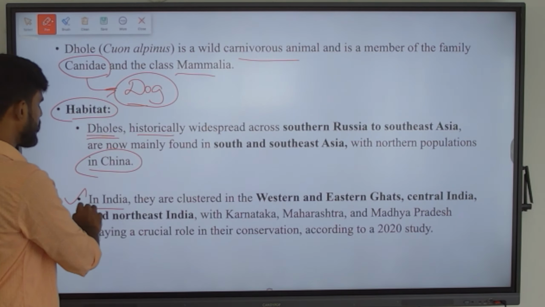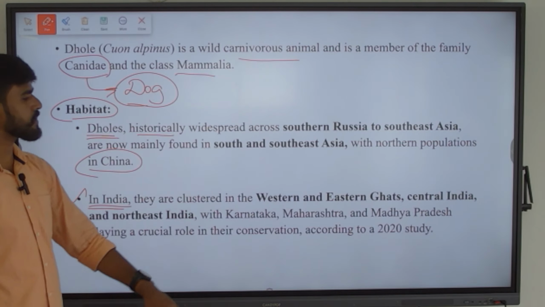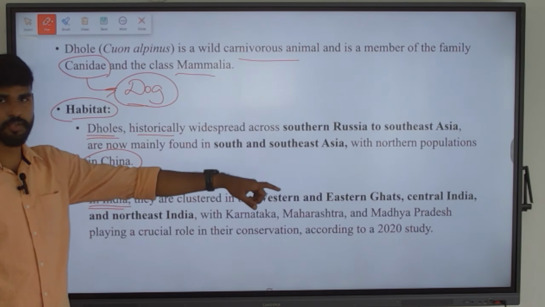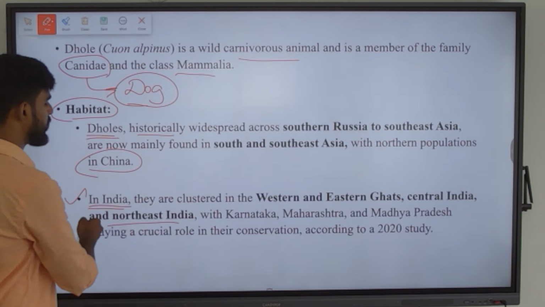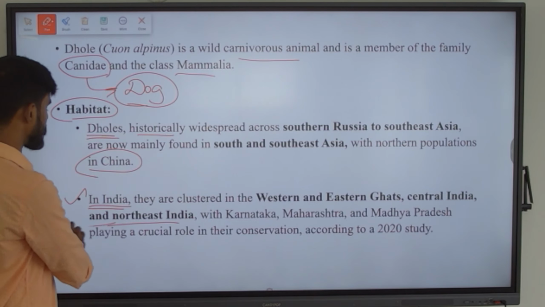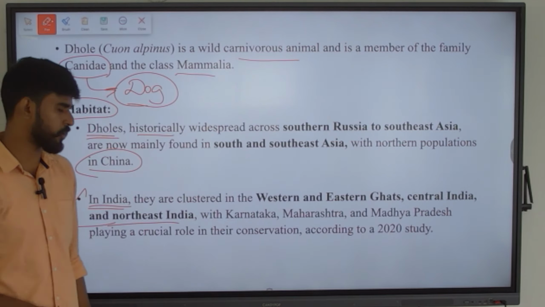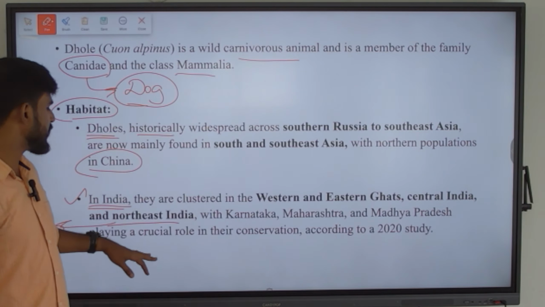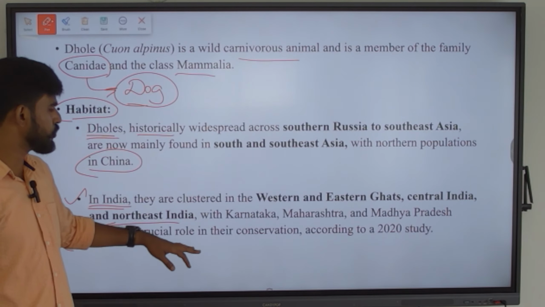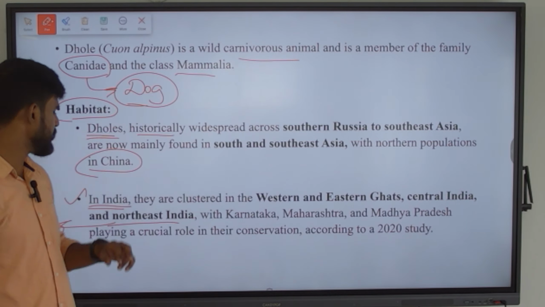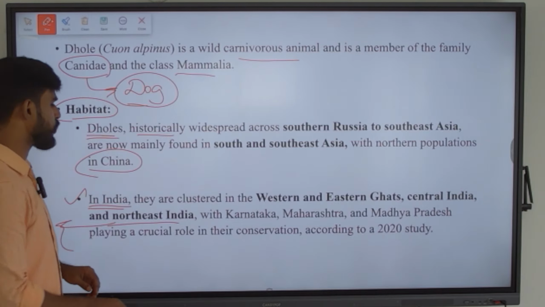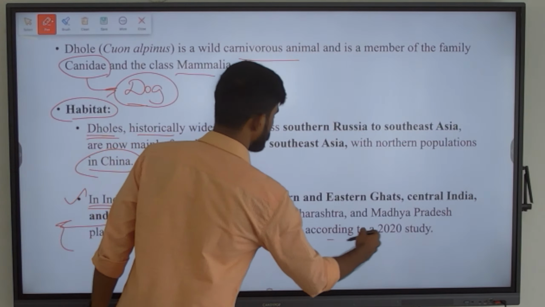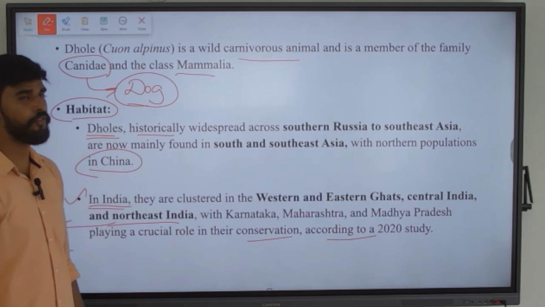Okay, when we talk about India, then they are clustered in western and eastern Ghats, also in central India, as well as in northeast India, where the study was conducted, that is in Manas National Park of Assam. And here there are three states which have taken conservation efforts for these dholes, that is Karnataka, Maharashtra and Madhya Pradesh. They play a crucial role in the conservation of these dholes according to this study of 2020.